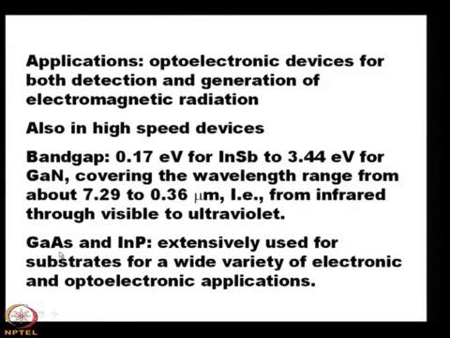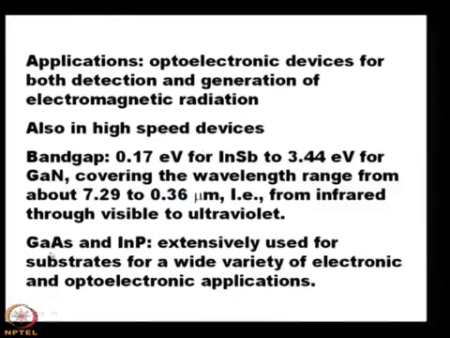Another important application: gallium arsenide and indium phosphide, these are two group III-V semiconductors that are extensively used as substrates for a wide variety of electronic and optoelectronic applications. Because in device technology, we use a substrate and then epitaxial growth takes place by means of metal organic chemical vapor deposition or the molecular beam epitaxial method.